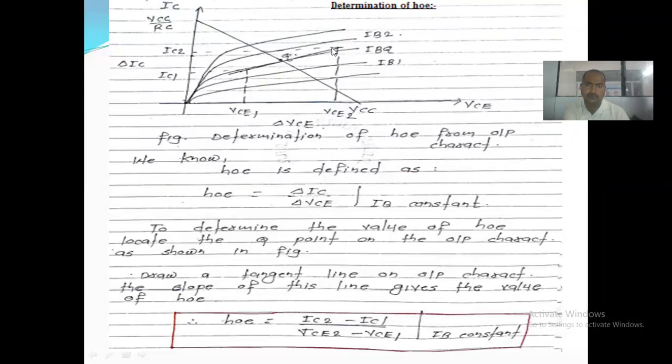Here is the Q point, so this is the value. Now IC1 is the point connected to the Q point. So it is IC2 minus IC1 divided by the two voltage level points, VC2 minus VC1. At this value the base current should be constant. Okay, did you understand?